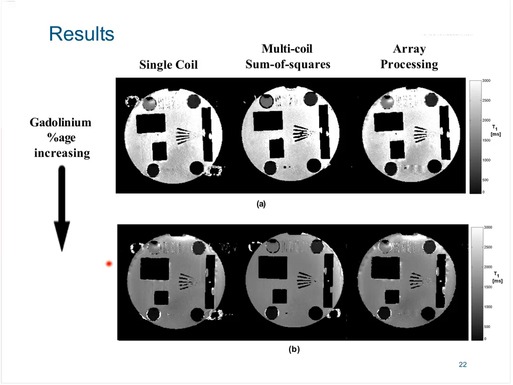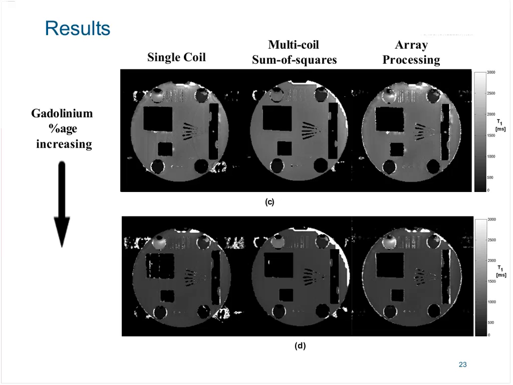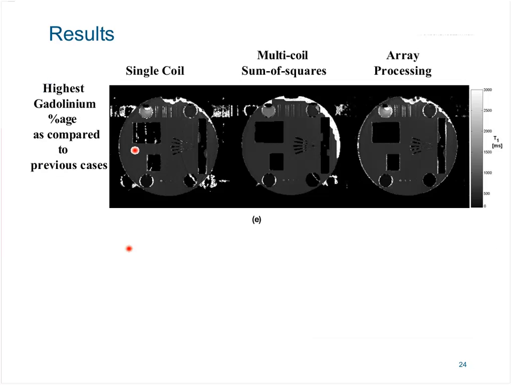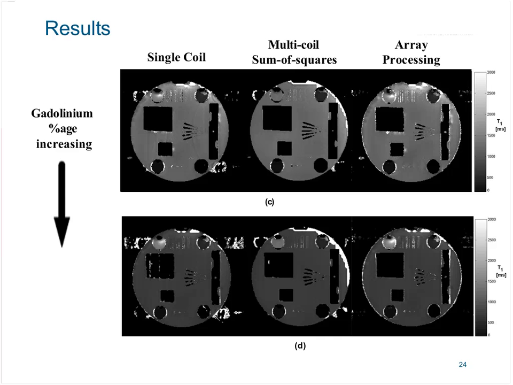And here in the third row, the percentage of gadolinium is increased more compared to the case before. Similarly, in the fourth row the percentage is higher, and in the fifth row it is the highest.